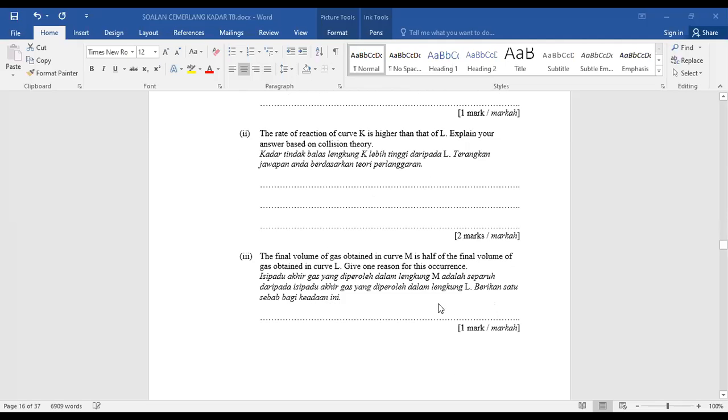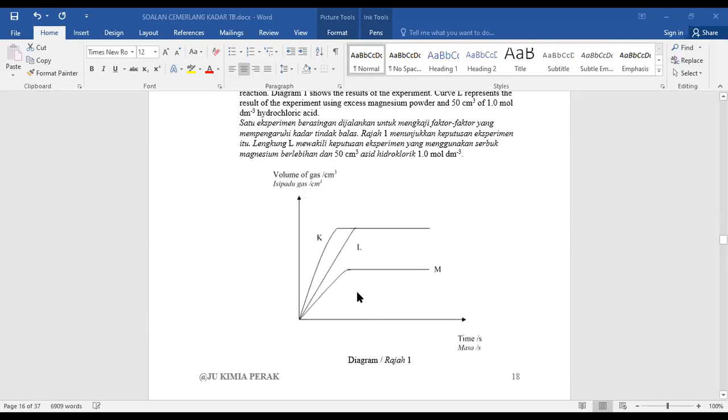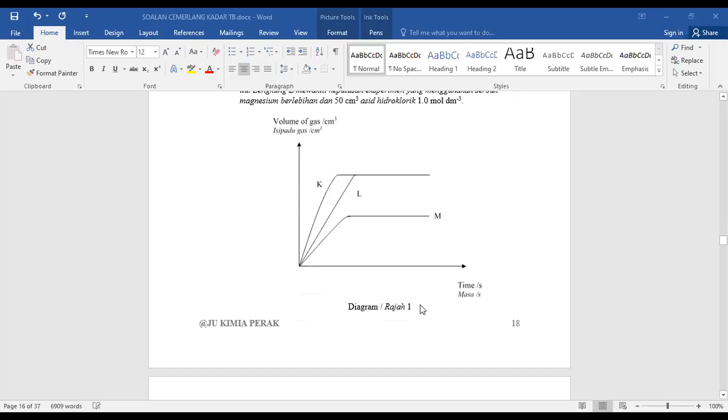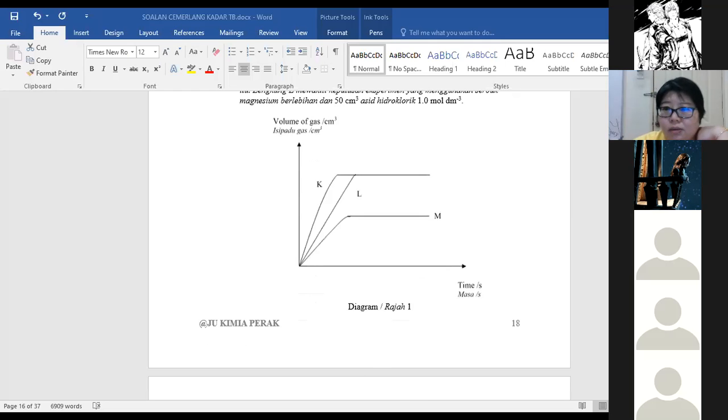Okay, next part. Now, the final volume of gas obtained in curve M is half of the final volume of gas obtained in L. Give a reason for this occurrence. What is the reason? Why is M having only half the volume of L? Do you have any idea on this? Anyone wants to suggest your answer?